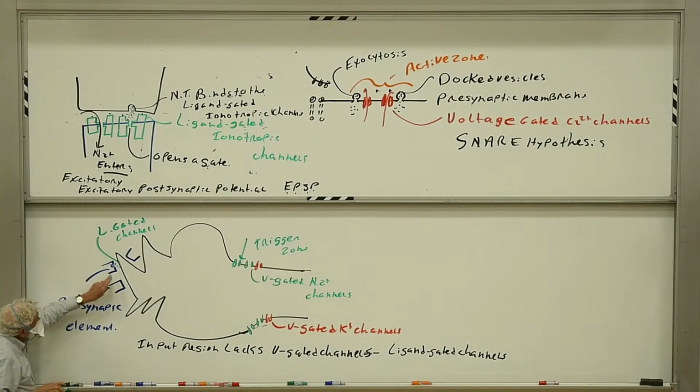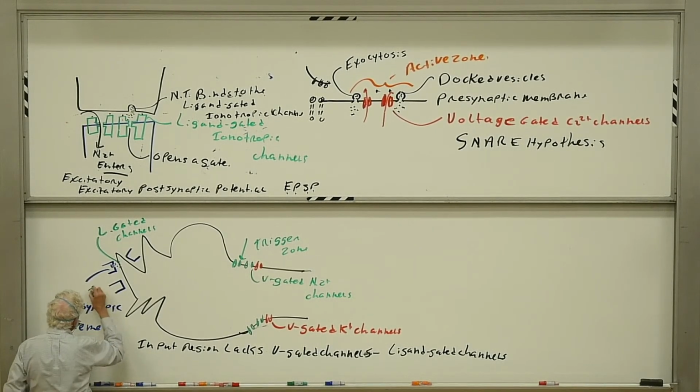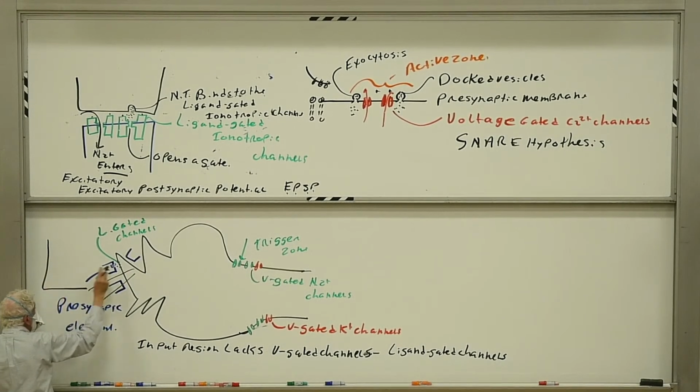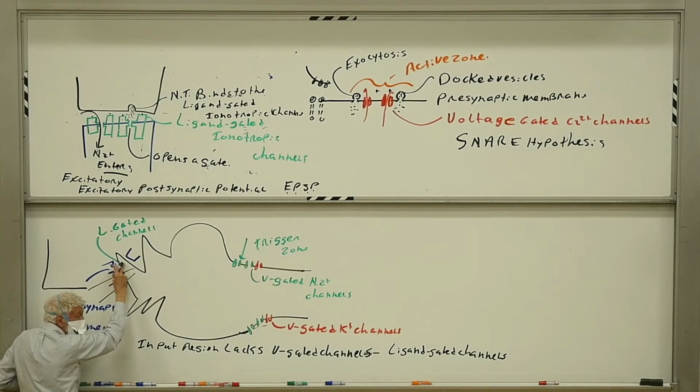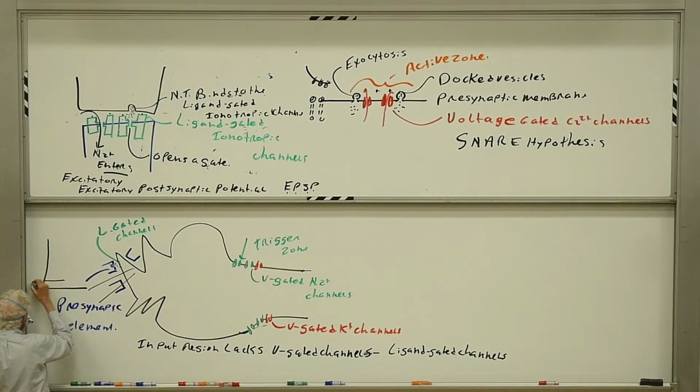The neurotransmitter opens these ligand-gated channels. If we were to put an electrode in here and measure the change, we would see that the depolarization produced by the opening of the ligand-gated channels at the synapse will take the membrane potential from about minus 70 millivolts to maybe minus 69.5 millivolts.